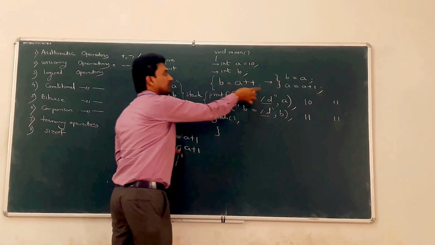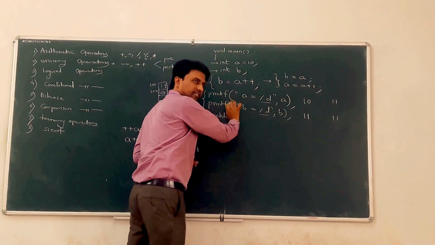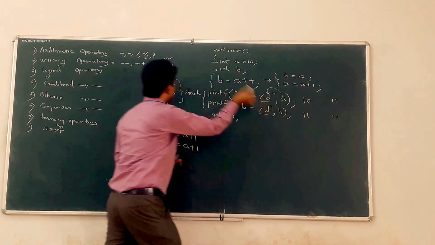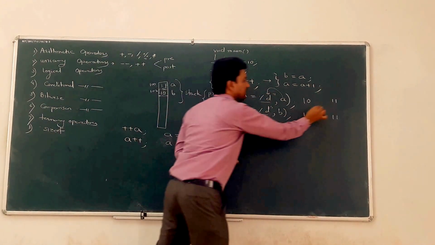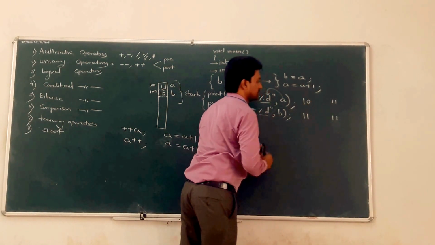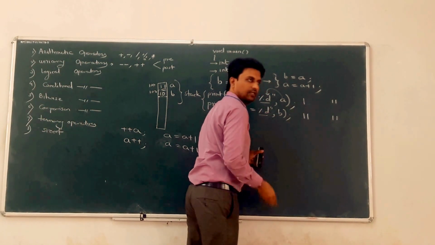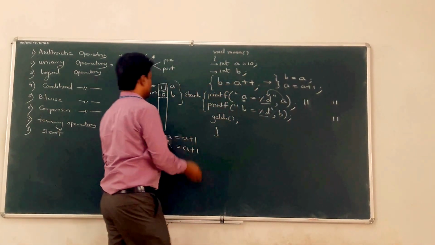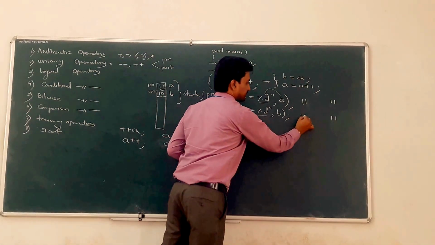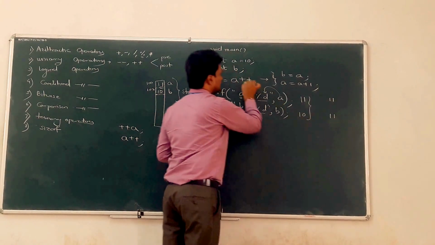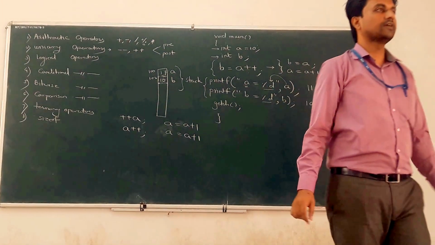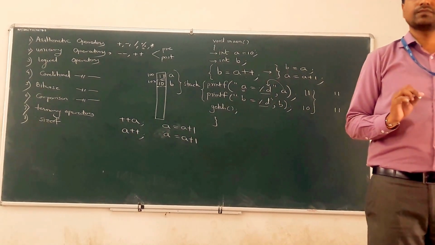And when you print the statements after this statement gets executed, what is a? The value of a taken from RAM is 11. So this is wrong. A's value is 11, and what is b's value? 10. This is the post-increment output, and this is the pre-increment output.